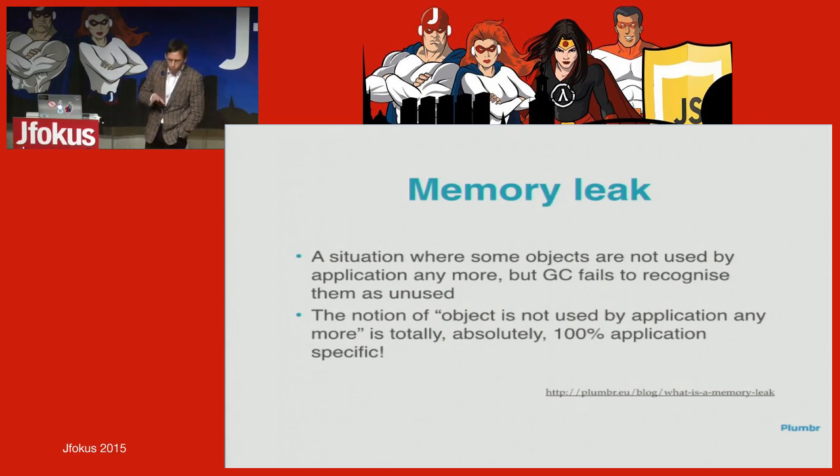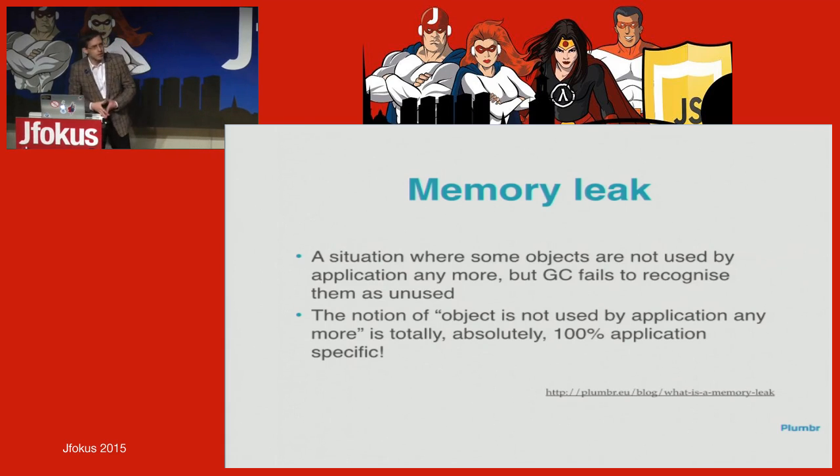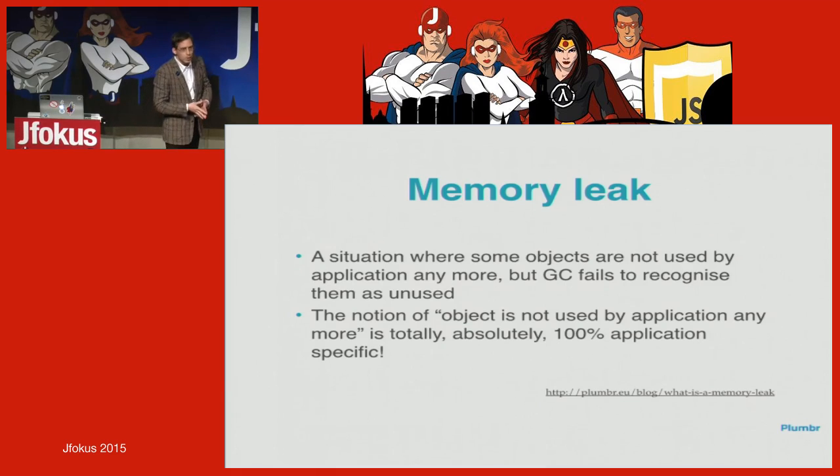So you all know what a memory leak is. More or less it is a situation where you have some objects in your application which are still referenced by your application, so the garbage collector cannot clean them away, but your application will not use those objects anymore. That's our definition of memory leak.